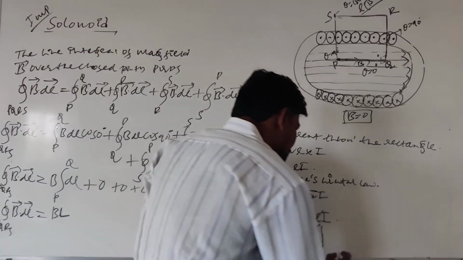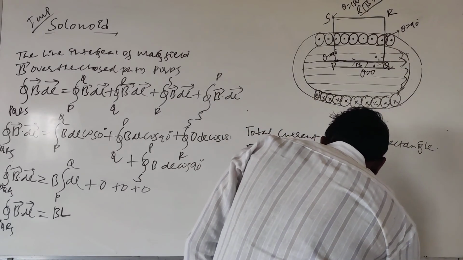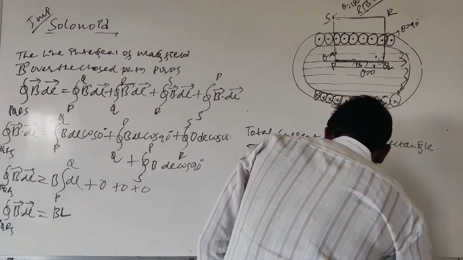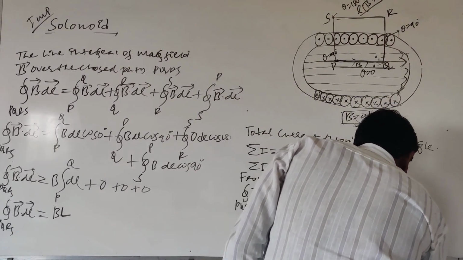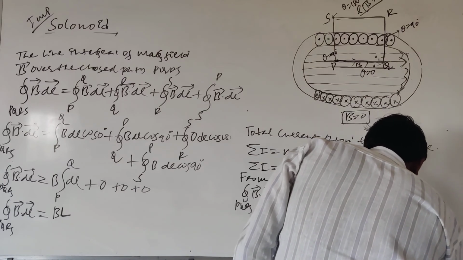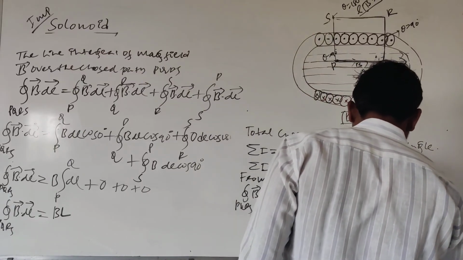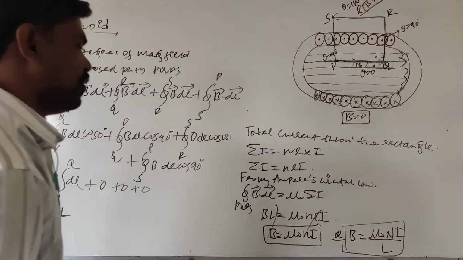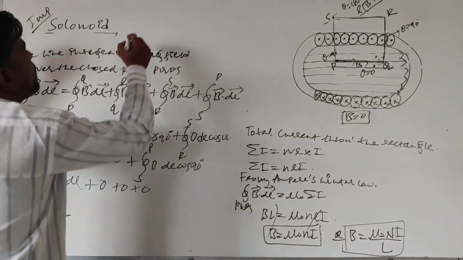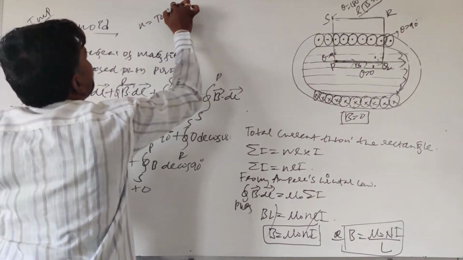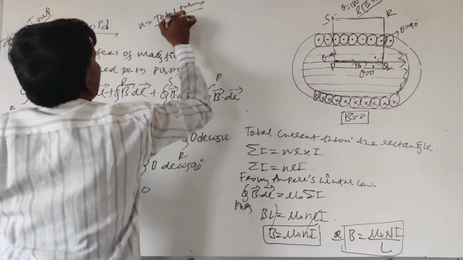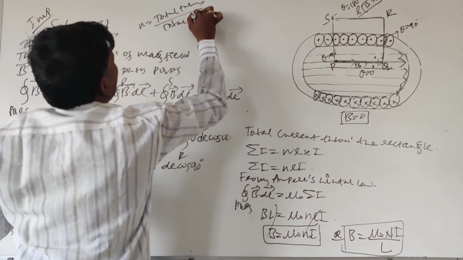Or it can also be written as B is equal to mu naught capital N divided by L, into current. Why? Because here n is equal to total turns divided by total length.